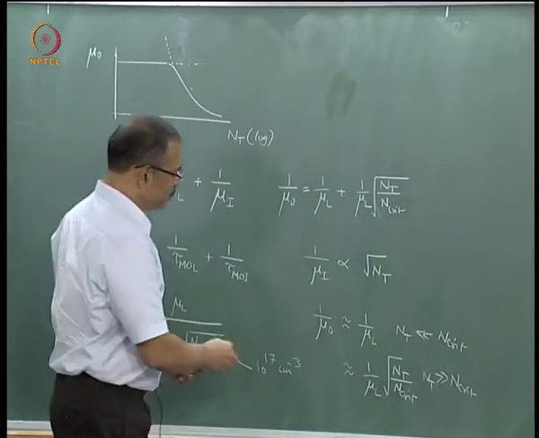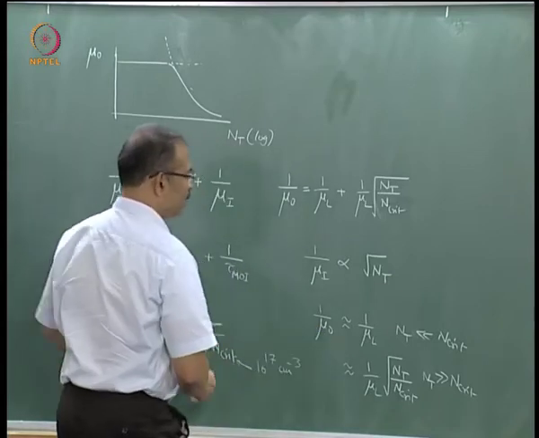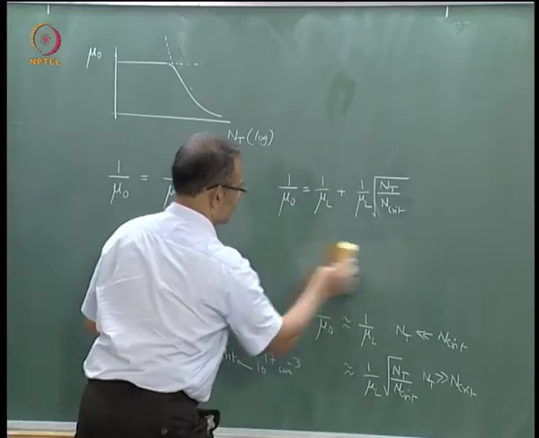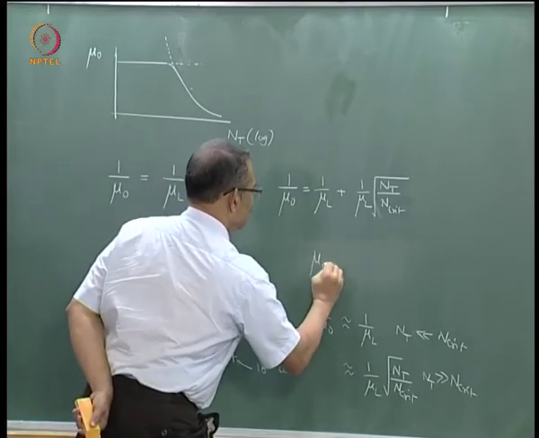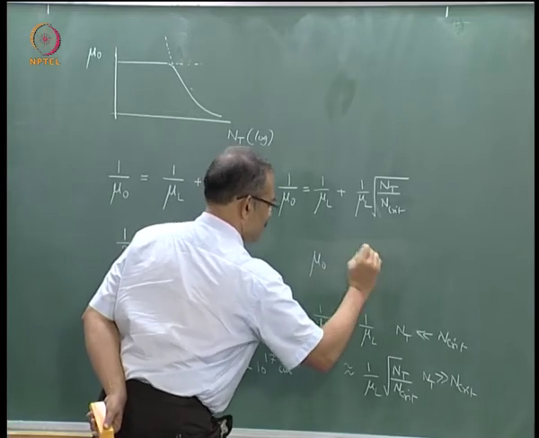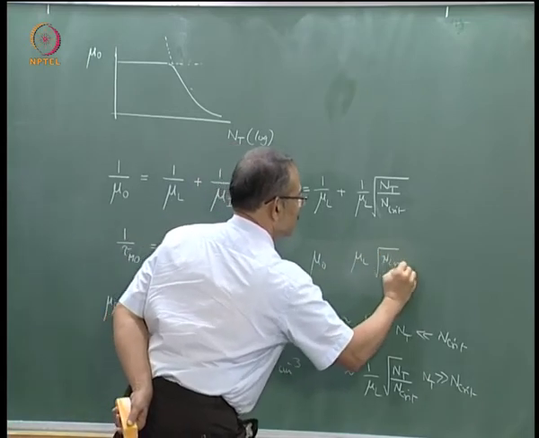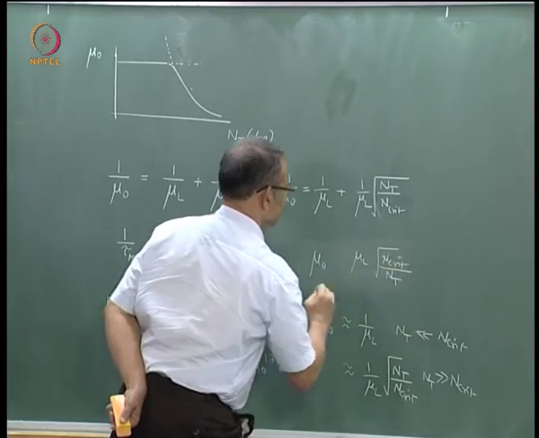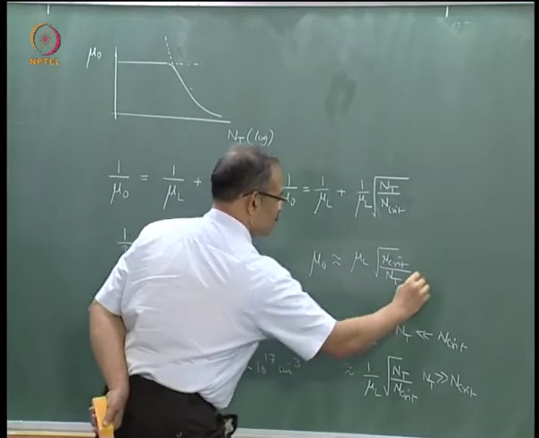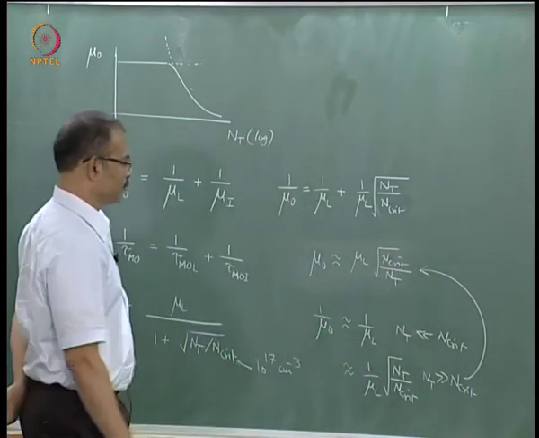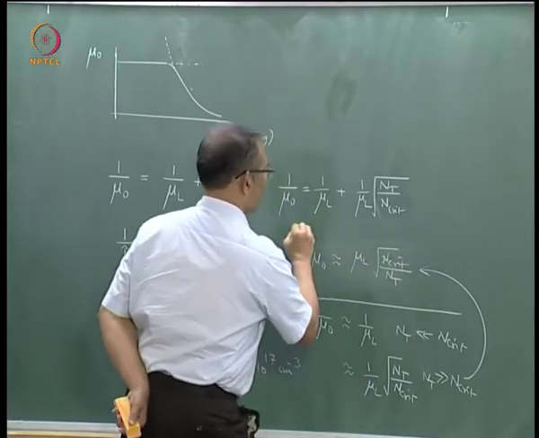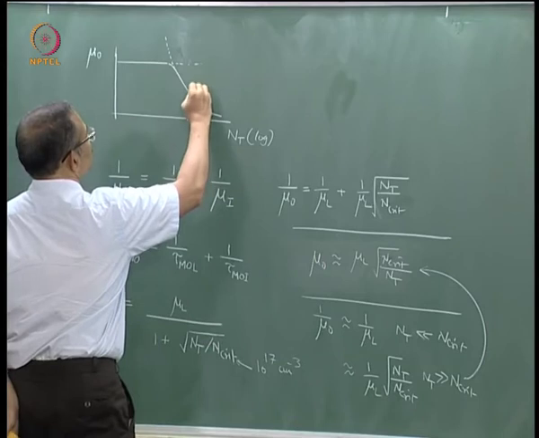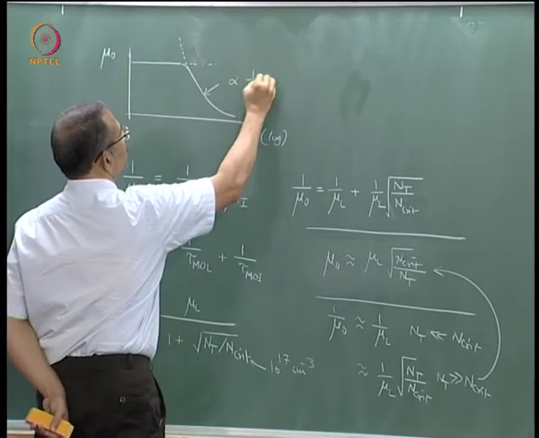So in other words, if I write for mu naught, I will get mu naught is mu L into square root n critical by nt. So this is this curve. So this curve is proportional to 1 by root nt.